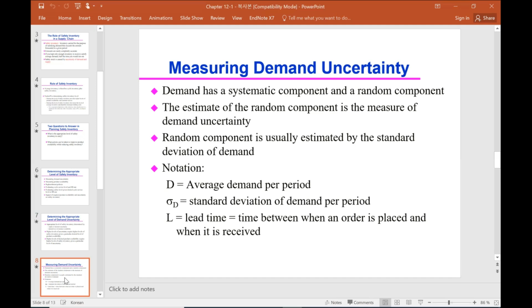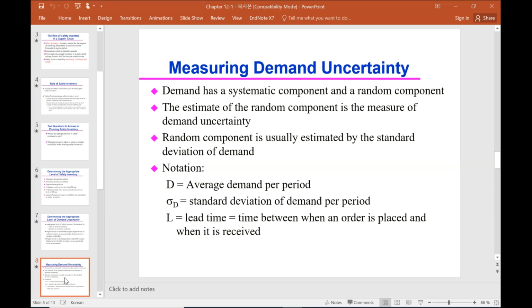Even though average demand is 100, that doesn't mean your demand is always 100. It might be 90 or 200 or whatever, but on average it's 100. So don't misunderstand.